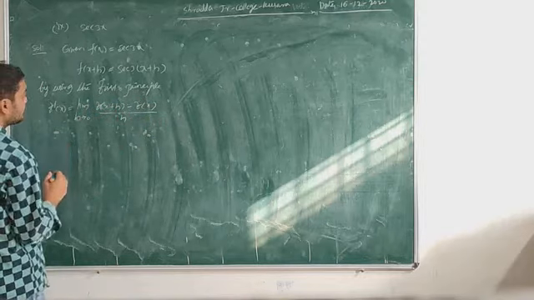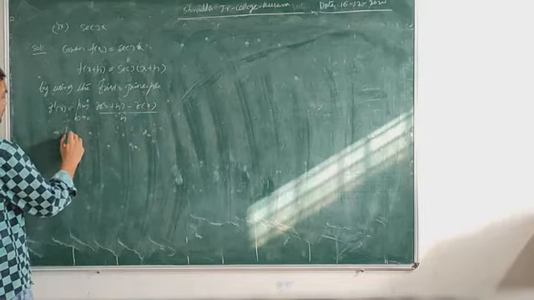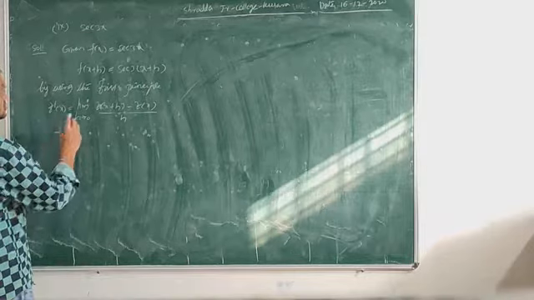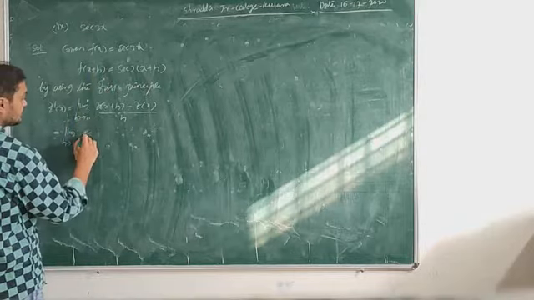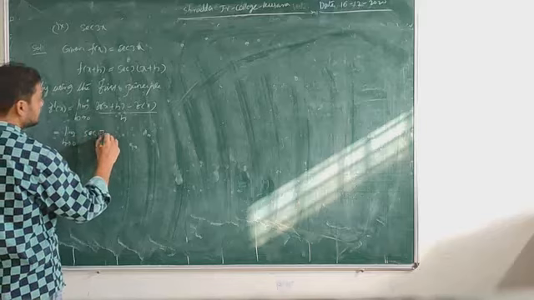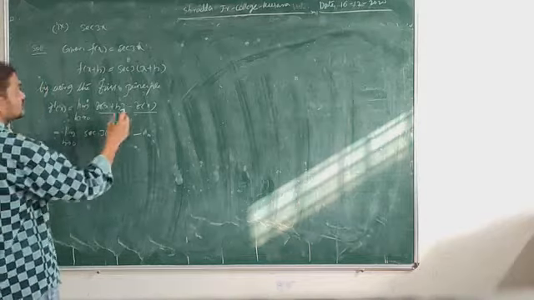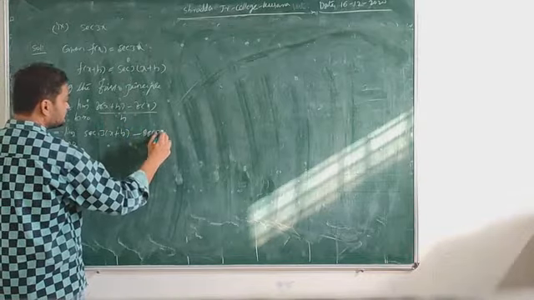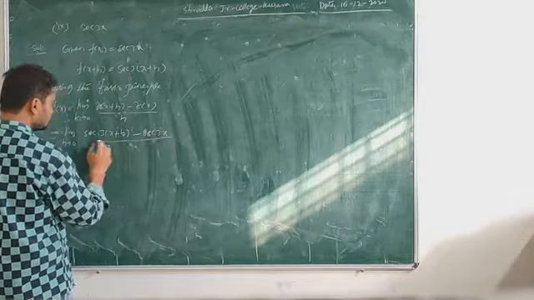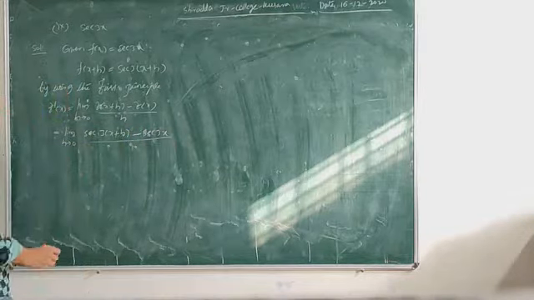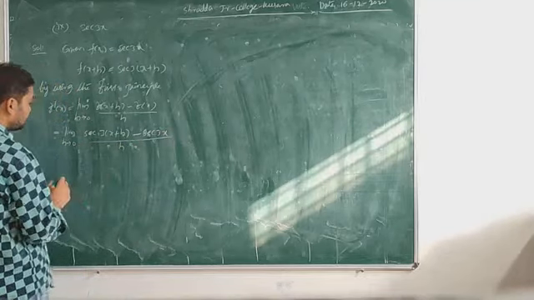So this is equal to limit h tends to 0. What is f of x plus h here? Secant 3 into (x plus h) minus, what is f of x here? Secant 3x, by h.